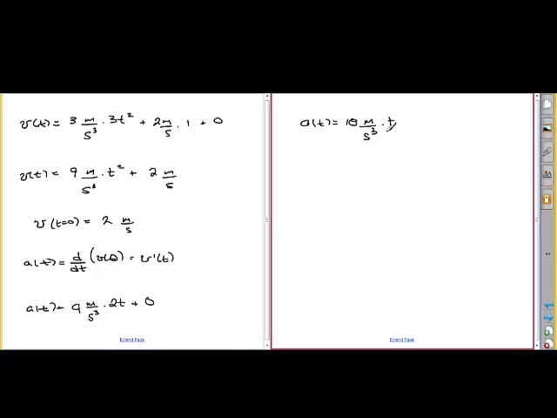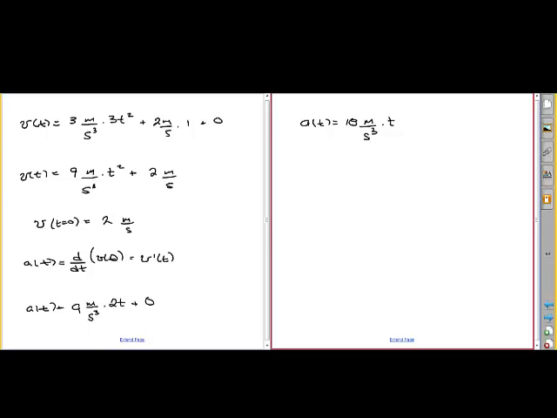So here the acceleration varies linearly. Most of the time we just look at constant acceleration, where this is negative 9.8 meters per second squared. Again, the units work out because if I plug in a time, 2 seconds, 2 times 18 would be 36, and then the units will be meters per second cubed times seconds, so I'll get meters per second squared ultimately.